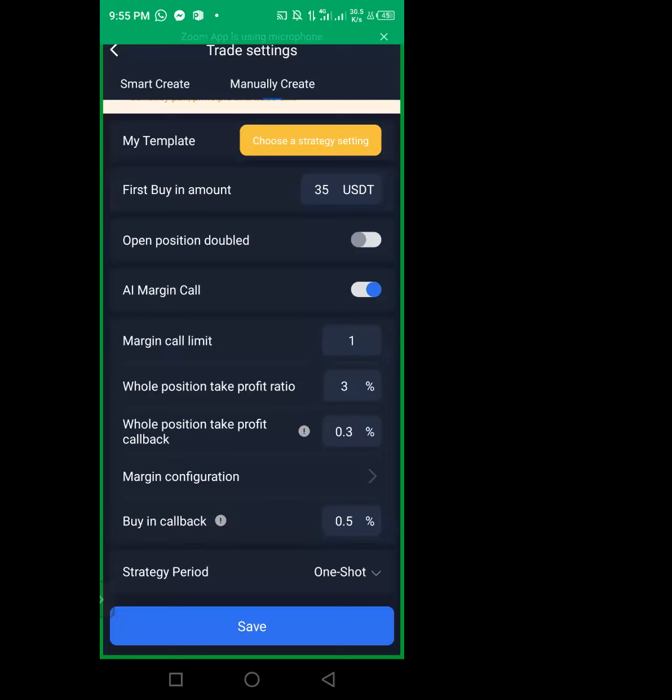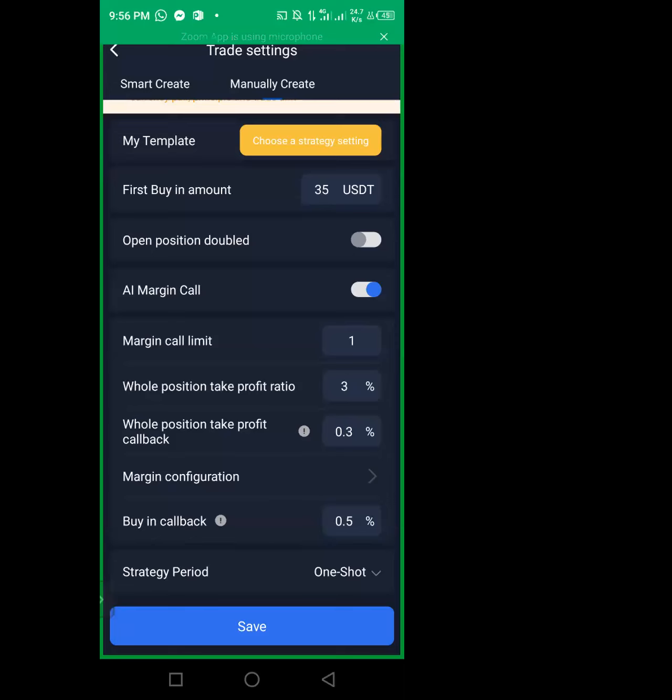The robot will trigger for it to sell, but the robot will not sell. It will start monitoring the coin to see if the coin will still go up. If the coin starts going up, the trigger price will be changing. It will be recording more profits for you.